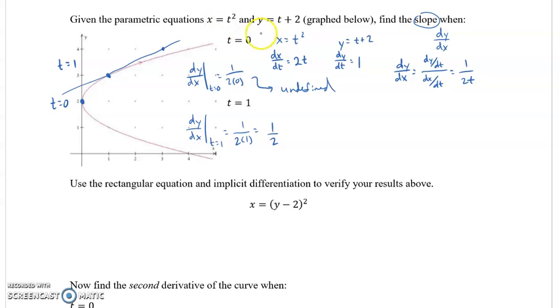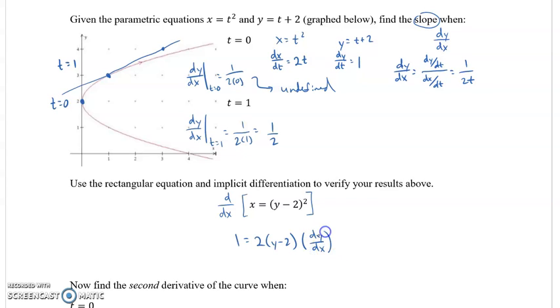We know that we can replace t with y minus 2 in this equation, and that's what we've done here. And we can find the derivative of this instead. So if we want to know what dy/dx is, the slope is dy/dx, we'll take the derivative of this equation with respect to x, and we get 1 equals 2 times y minus 2 raised to the 1 times, don't forget the chain rule, we're taking the derivative of y minus 2 with respect to x, that's going to be dy/dx.